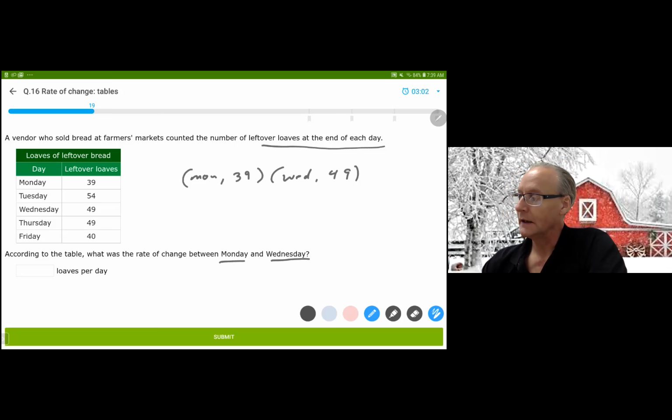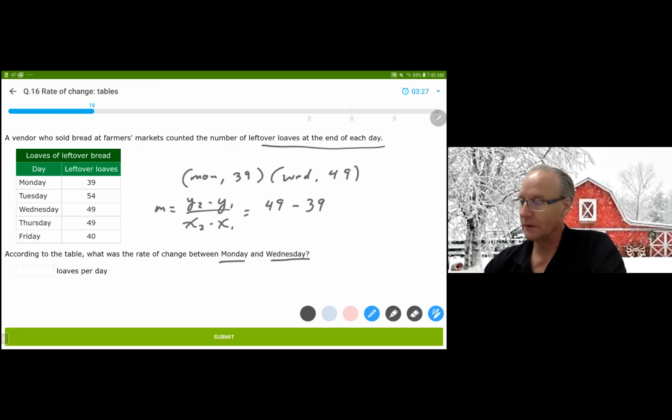And again, it is important to subtract them in order, well, backwards order if you like. So we have the slope is y2 minus y1 over x2 minus x1. And the reason I'm writing this is because I want to show you something, because this is where it's easy to make a mistake. We have 49 minus 39.